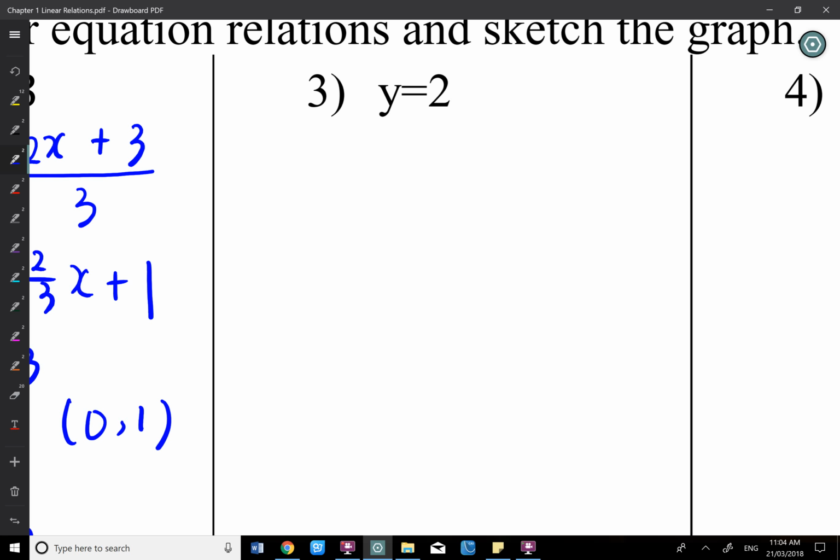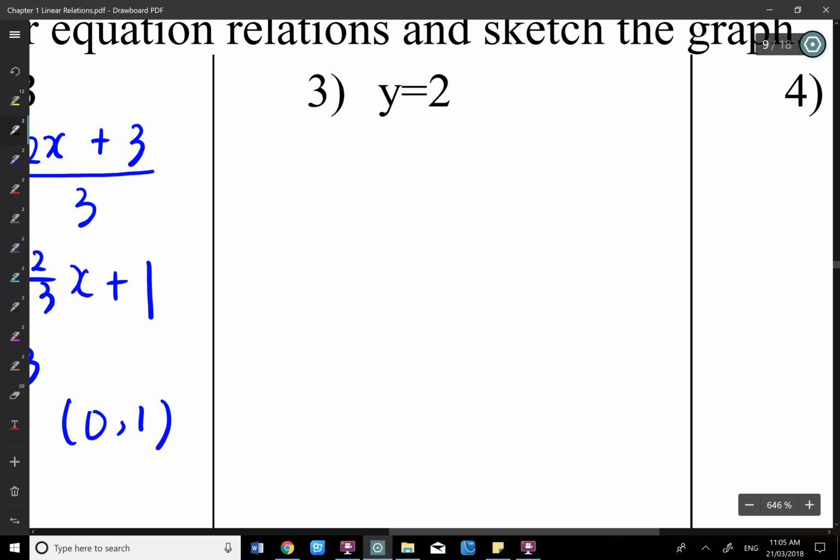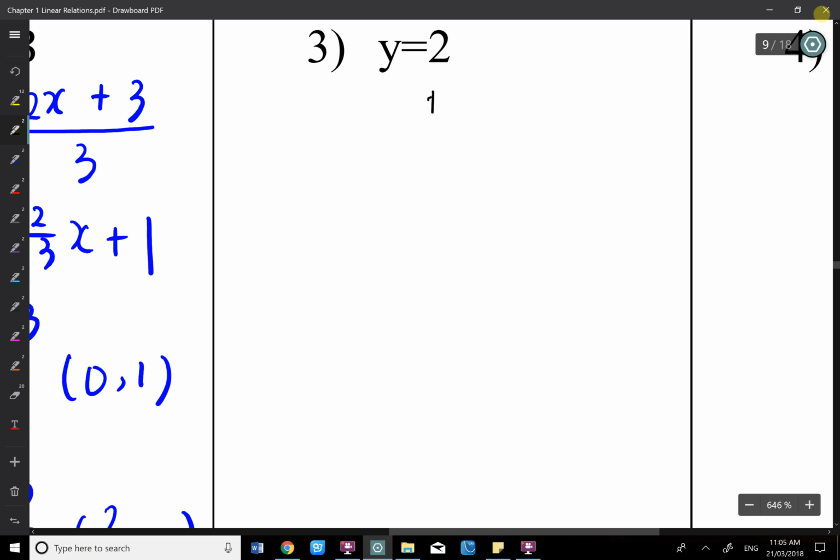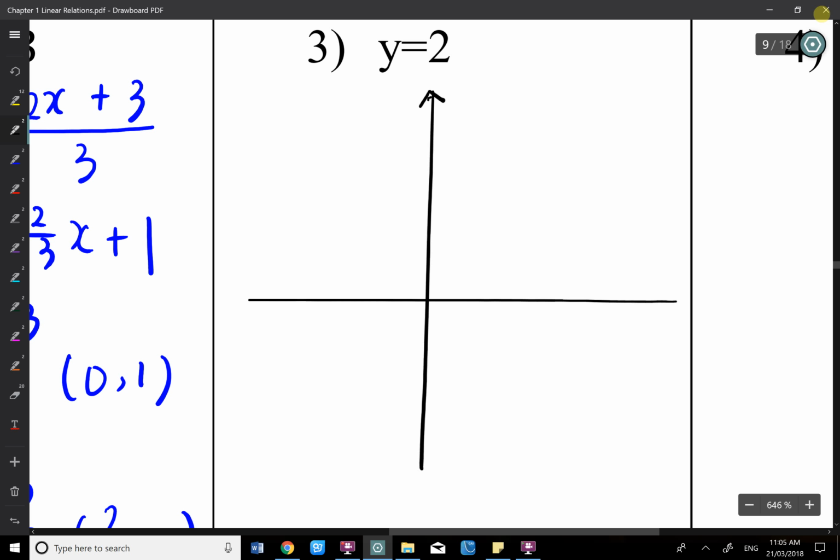All I need is a point with y equals 2. Any point with y equals 2. I don't care about x. X can be 0, can be 1, can be 2, can be 100, can be anything. So we can just select any x value. So obviously I will select x equals 0, but y equals 2.